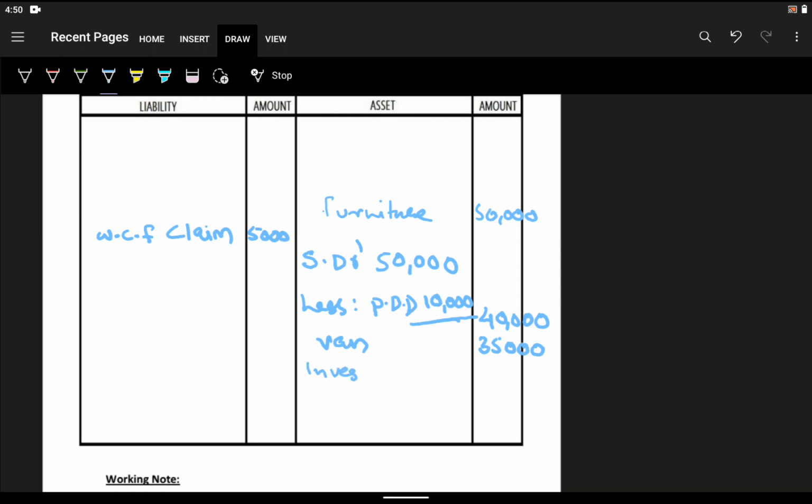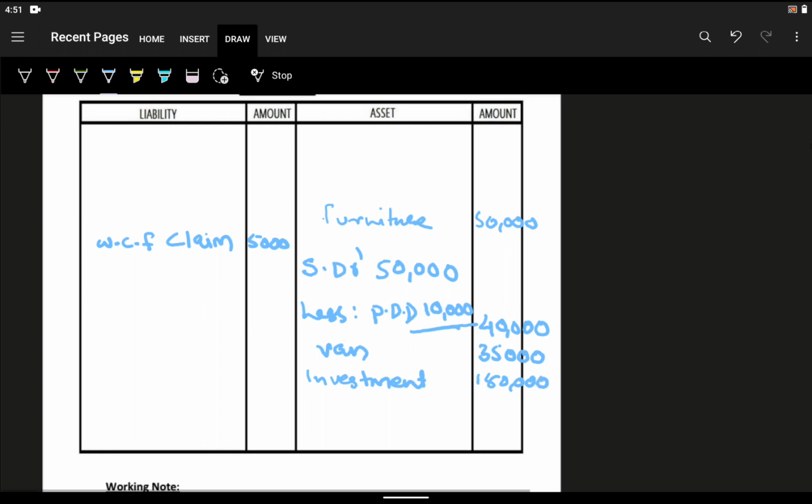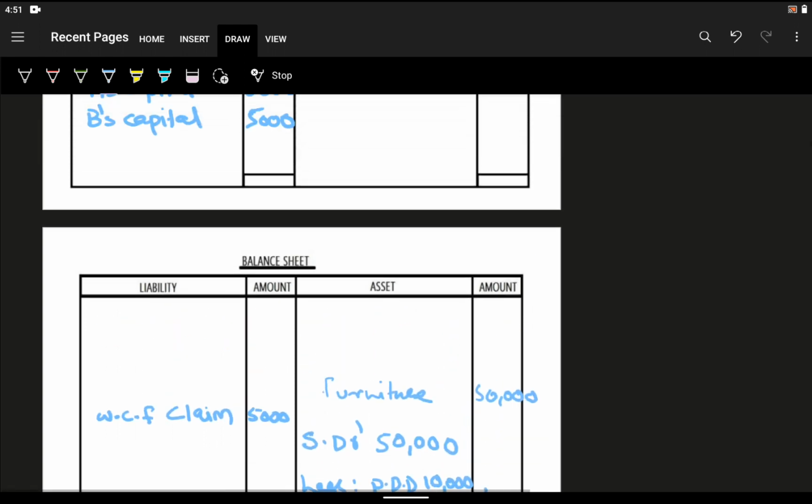What is the new value of investment? Not 2 lakh, sorry. The new value of investment is 1,80,000 because 20,000 decreased.